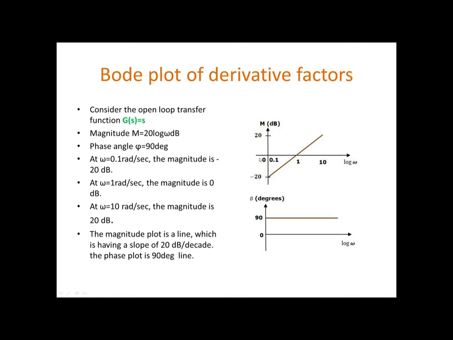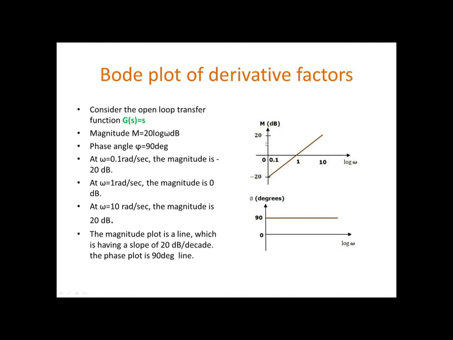Here one confusion may come: it is written 0 and 0.1. Actually this 0 represents the y-axis, where the unit is dB. So this point is 0 dB, this one is plus 20 dB, and this one is minus 20 dB.